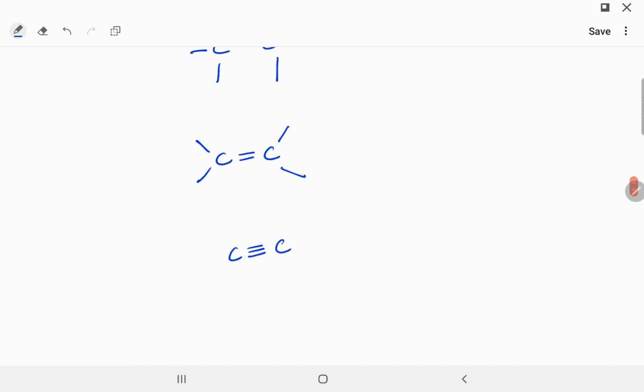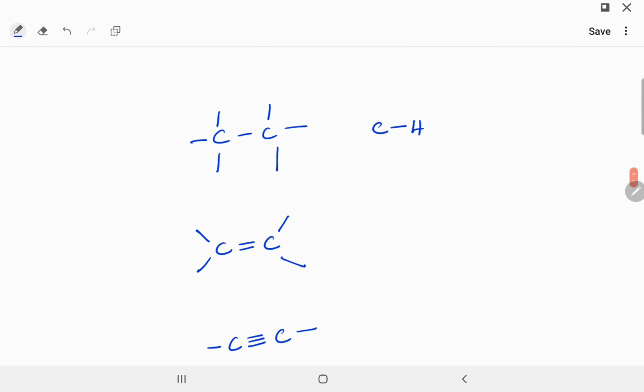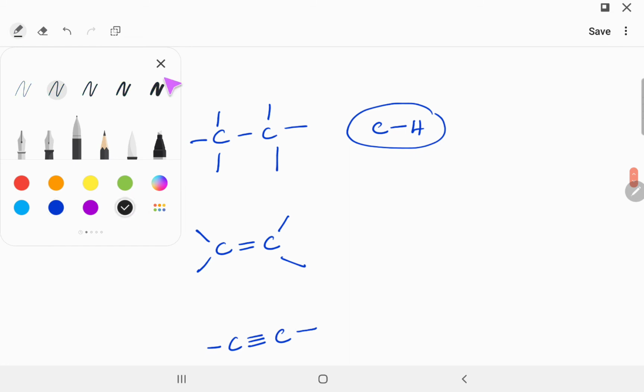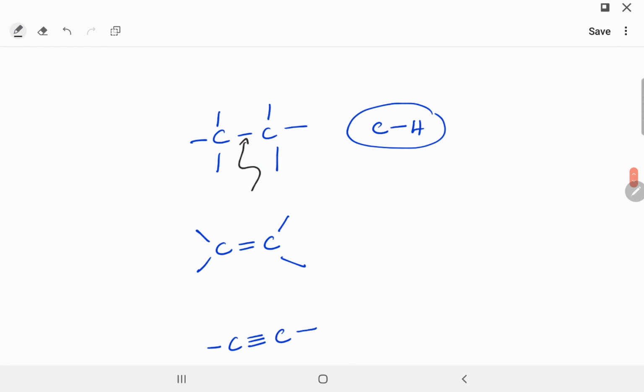If you are connecting a carbon and a hydrogen, this is the only way you could do it: a single bond between carbon and hydrogen. If you are connecting two carbons, there are 3 different ways. You can use a single bond to connect two carbons.